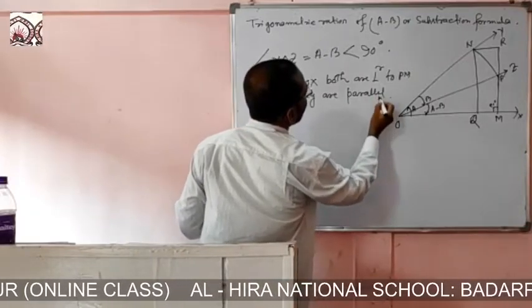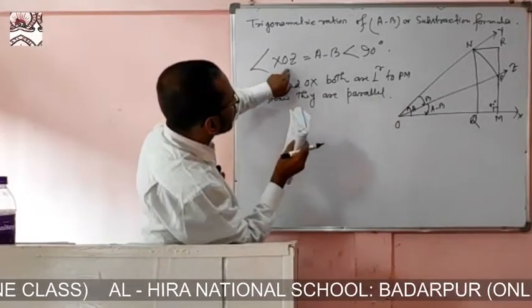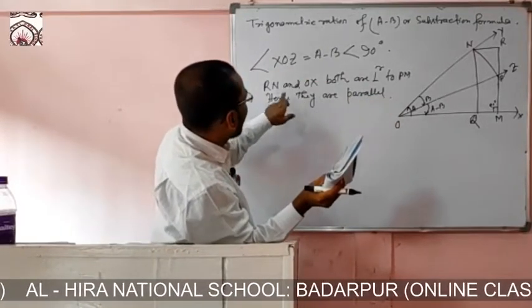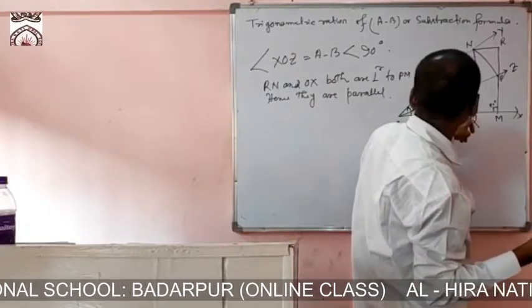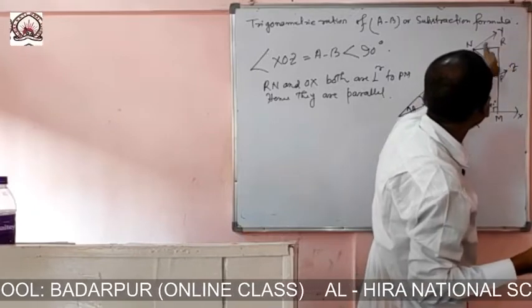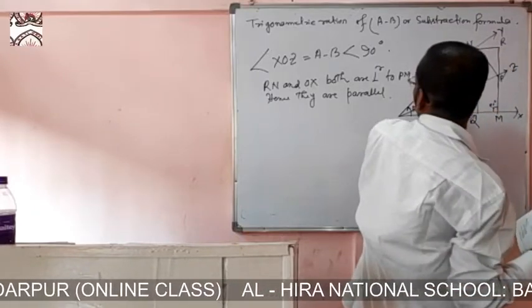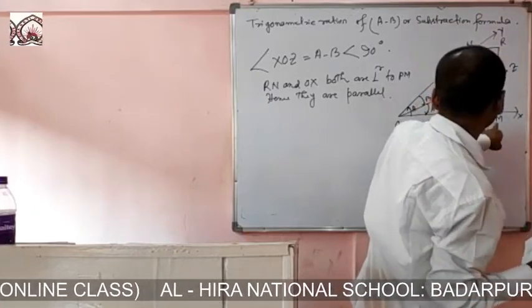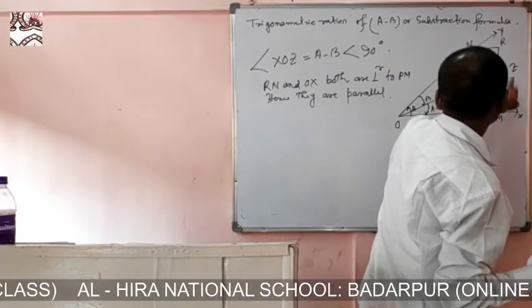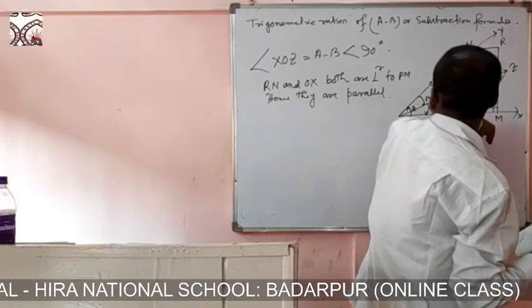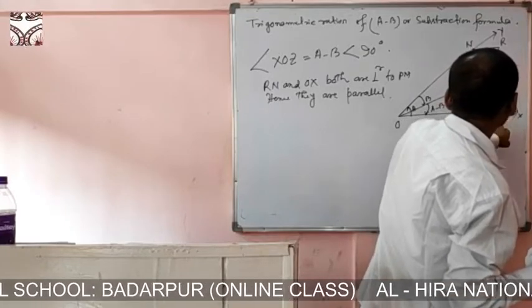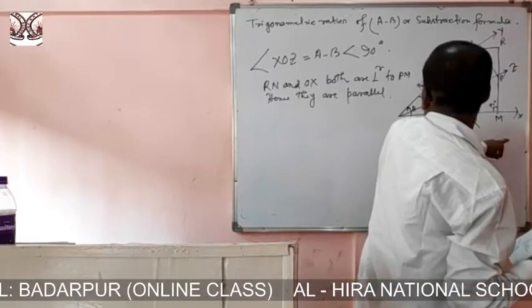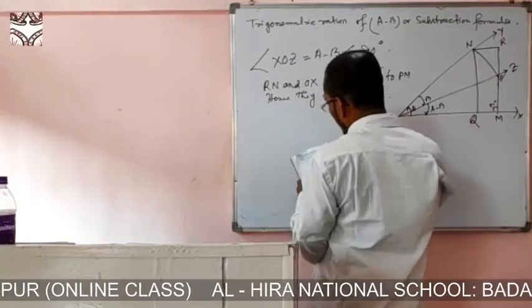So XOZ is A minus B, and RN and OX are parallel, as both are perpendicular to PM.